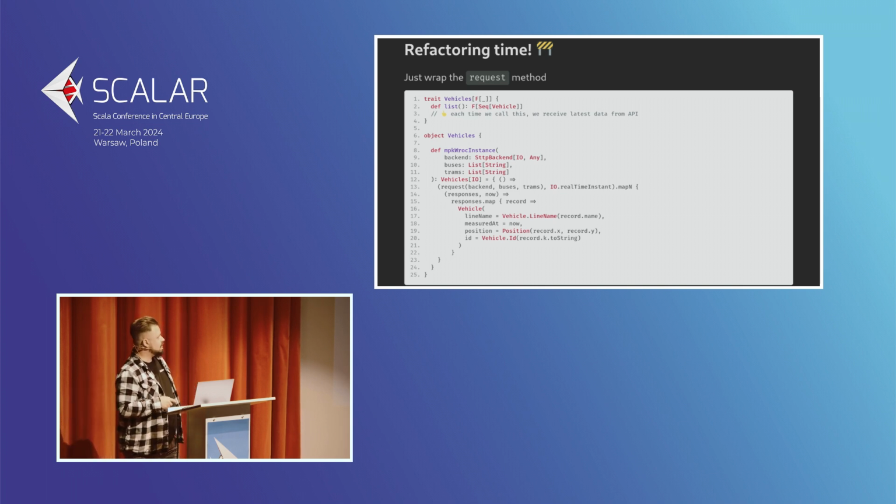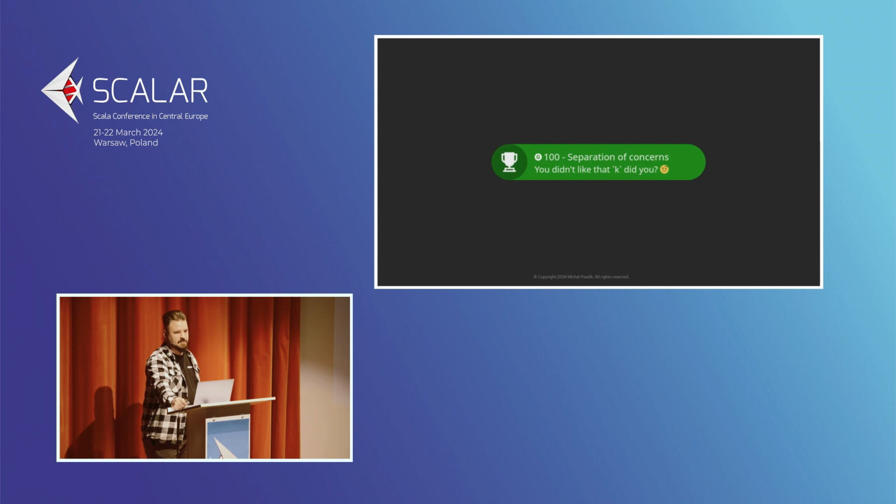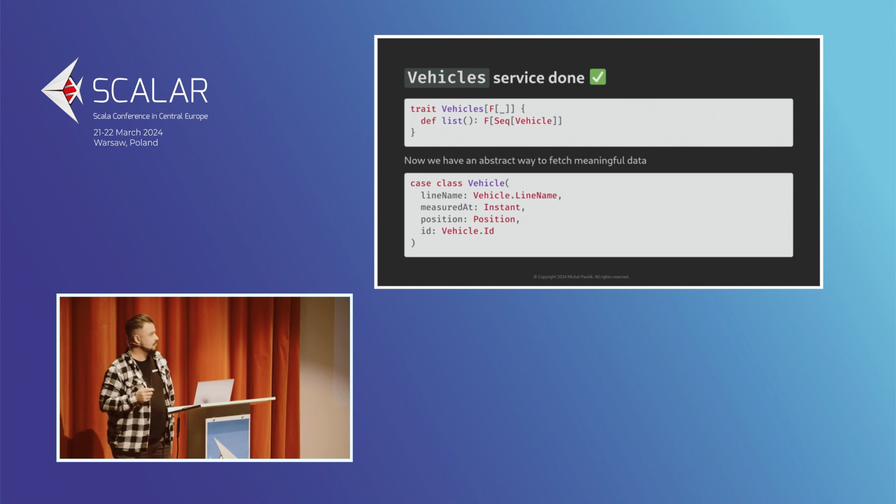And we do simple mapping because the response is just the list of records, right? Those with the key. So now we produce those vehicles plugging in the values into the right case classes. Nothing really sophisticated. And we have an achievement. So we separated concerns and we got rid of K. Perfect. We have something to work with, right?